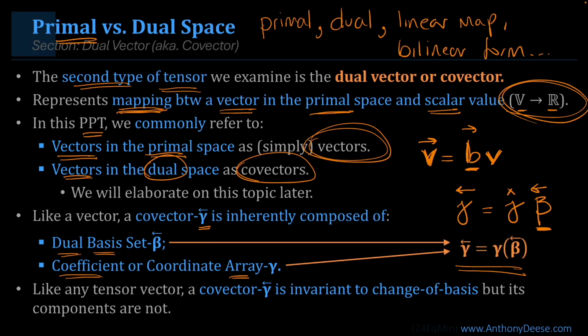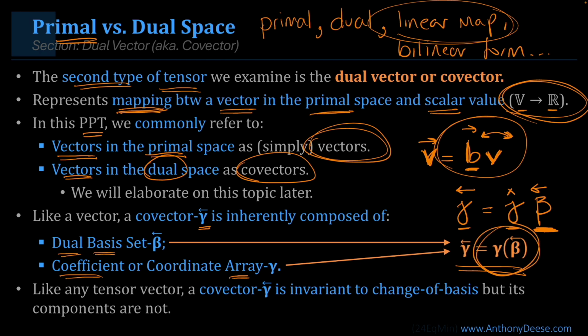Now, when we continue on to linear maps and beyond, we don't really have any other alphabets to go to, at least not conveniently, so we won't continue that trend. But hopefully you can understand what this means. The gamma with the left-facing arrow hat is the covector. Without the left-facing arrow hat, it represents its coordinate array, and then here we have its basis set. Now, why is the order reversed, as opposed to over here where we have the basis set and then the vector?